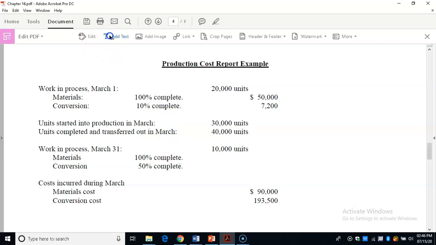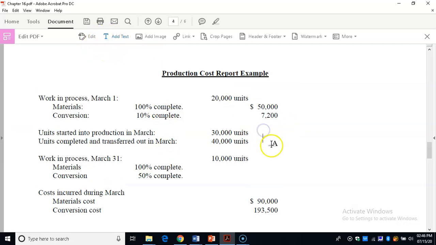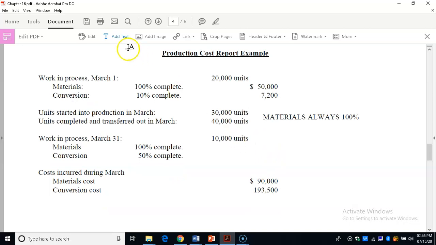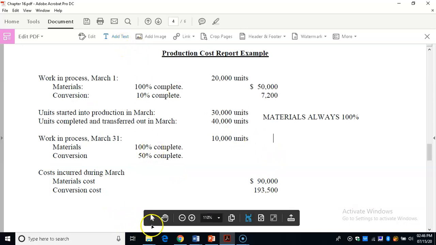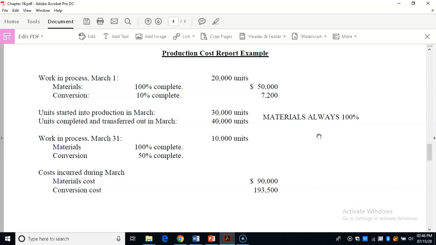So I want to point out that materials are always 100%. If materials are not 100%, then how can you do anything, right? For example, if you're going to cook a dinner, how can you cook anything if you don't have all the materials available? So we're going to assume that materials are always 100%.